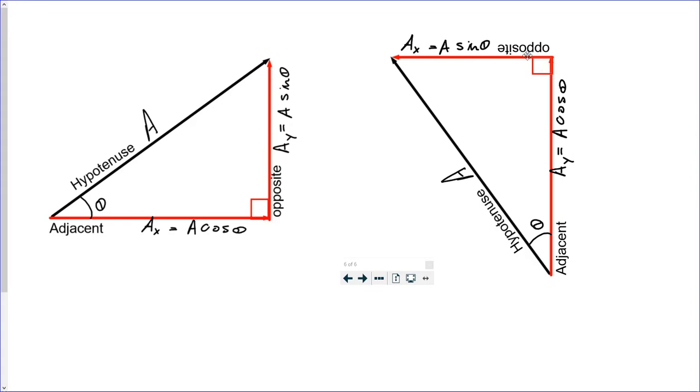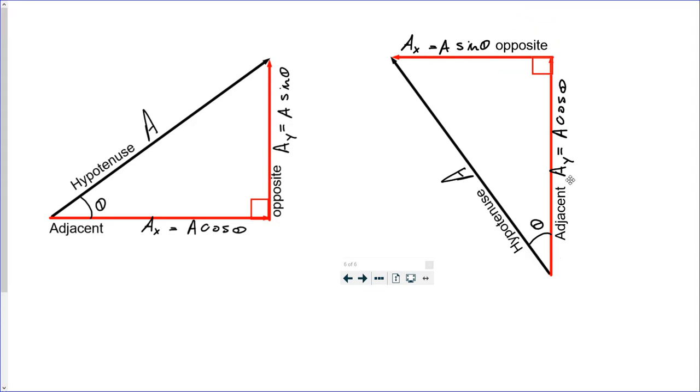What will not get switched? In the above figure, in the sideways figure, in both cases, opposite is the sine component and adjacent is the cos component. So this will never get switched.